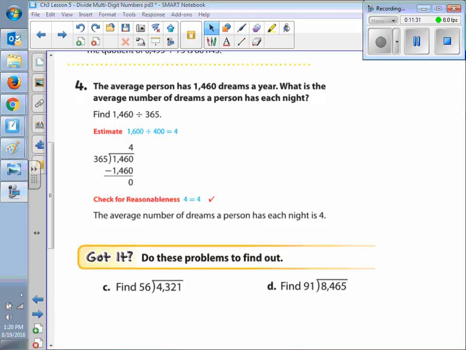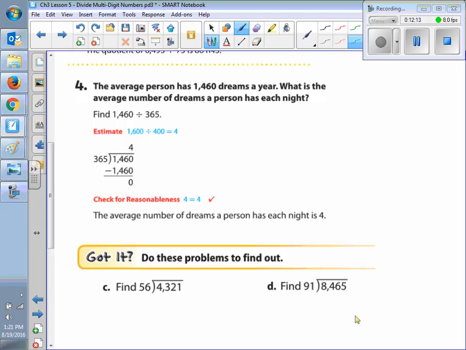All right, so for example 4, it says the average person has 1,460 dreams a year. What is the average number of dreams a person has each night? Okay? So here, because there are 365 days in a year, if I divide by 365, that will tell me how many dreams a night they have. So here we're going to divide 1,460 divided by 365. Now, how would we estimate here?